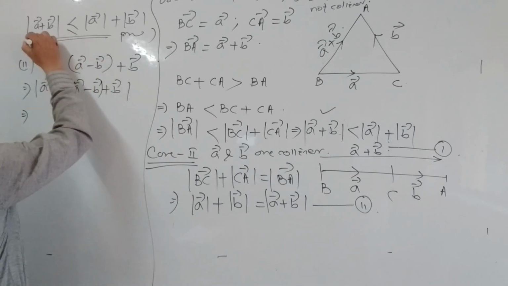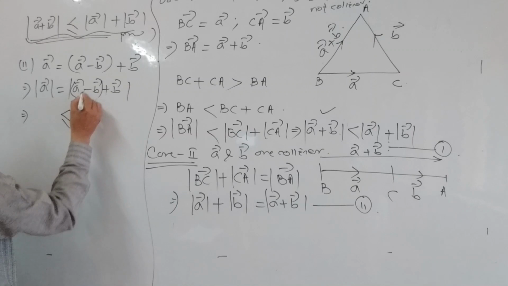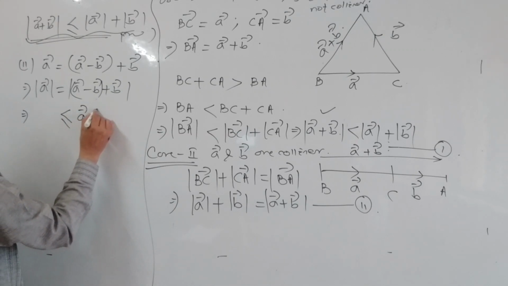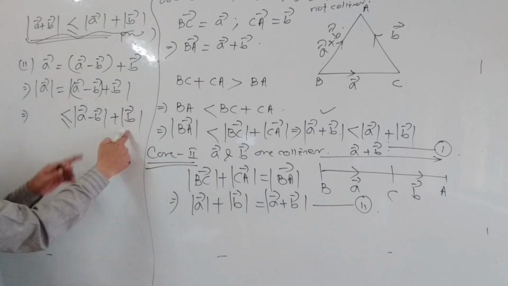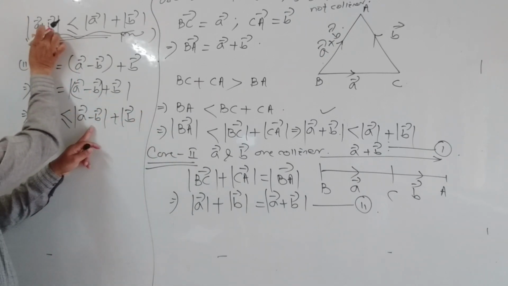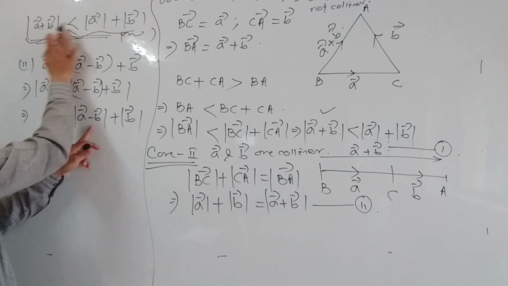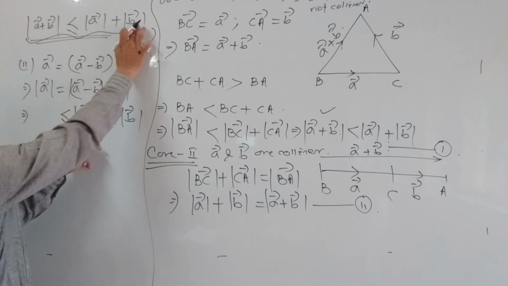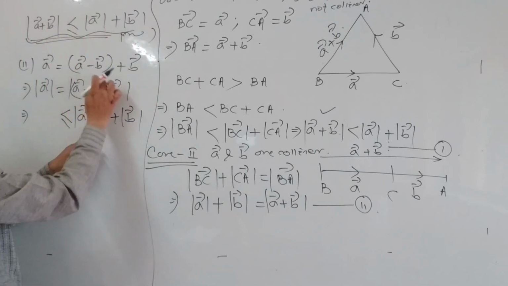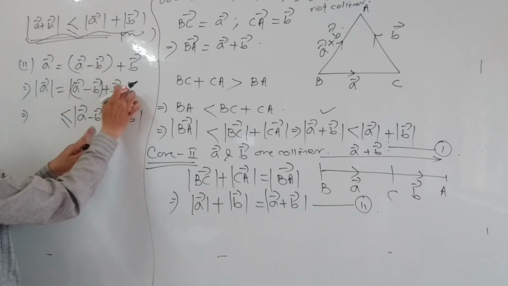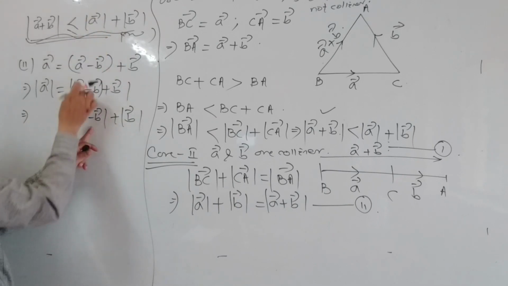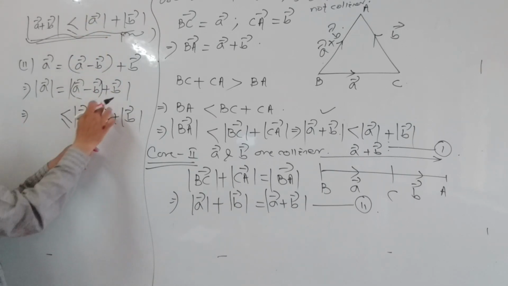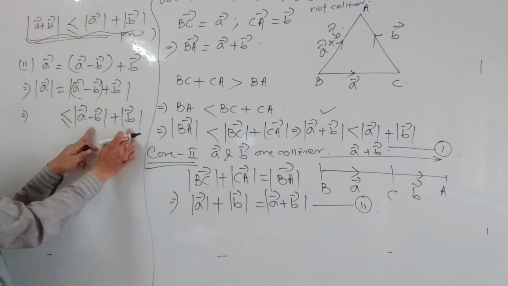So with the help of this, you can write this is less than or equal to A vector minus B vector magnitude plus B vector magnitude, isn't it? Here you see A plus B vector magnitude is less than or equal to A vector magnitude plus B vector magnitude. Here A vector means this one, B vector means this one. So A vector magnitude is less than or equal to A minus B vector magnitude plus B vector magnitude.